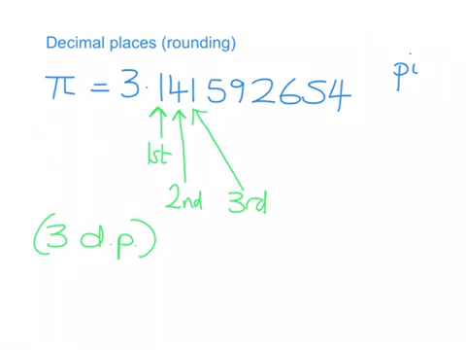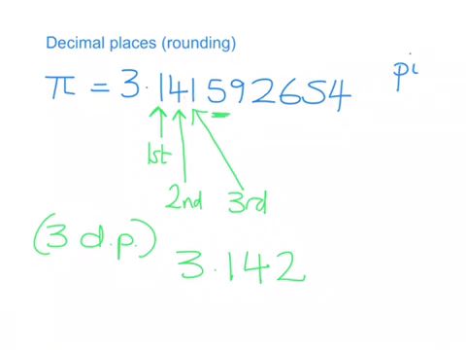So that 5, I've looked at it, and I am going to round up my value of pi. Instead of it being 3.14, I'm not going to write 141, I'm going to write 142, because it has pushed up that 1 to make a 2.